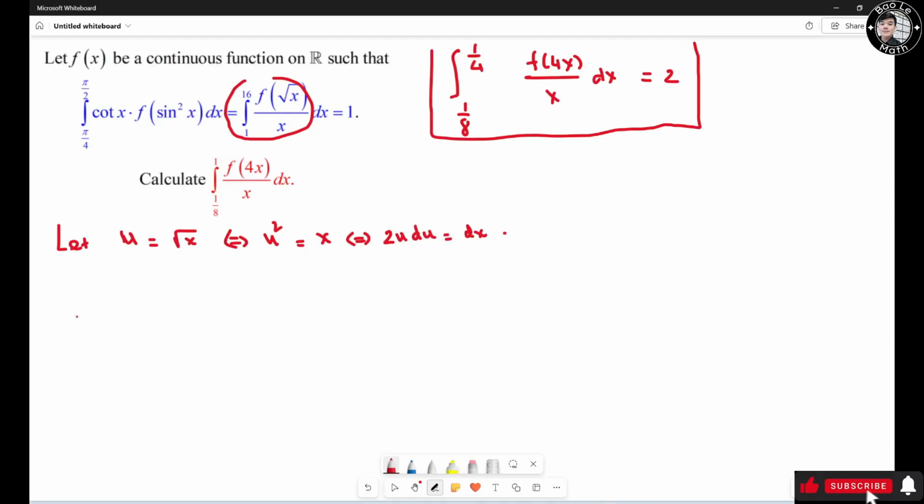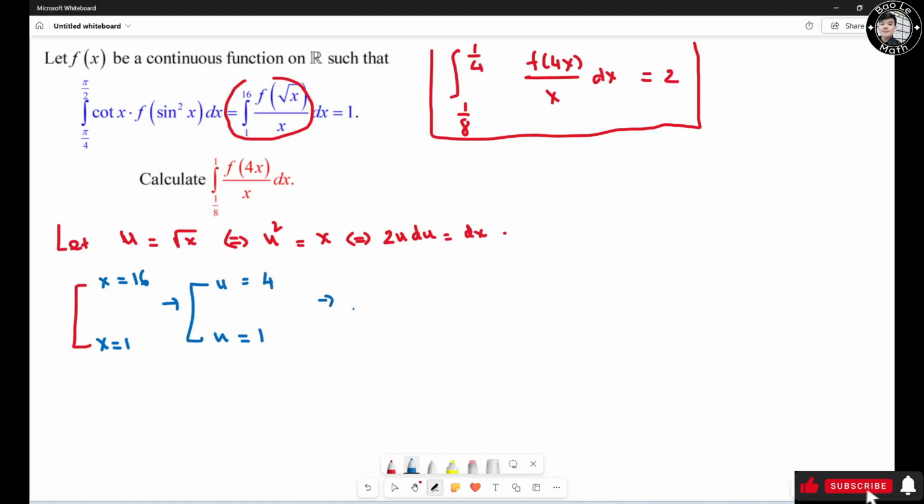Now I need to change the limits. When s equals 1, the square root of 1 is 1, so u equals 1. When s equals 16, u equals 4.